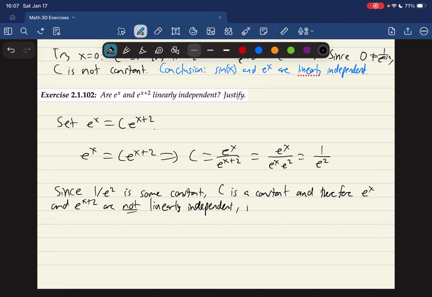In other words, they are linearly dependent.